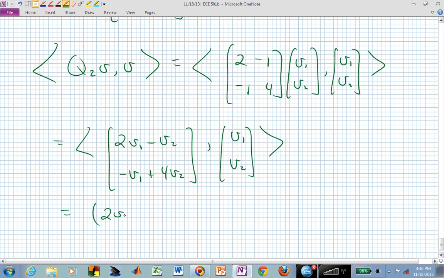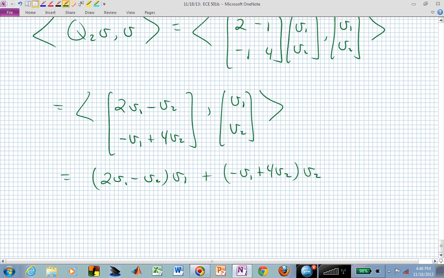So we now have (2v1 minus v2) times v1 plus (minus v1 plus 4v2) times v2. Or this is now 2v1 squared minus v2v1 minus v1v2 plus 4 v sub 2 squared.